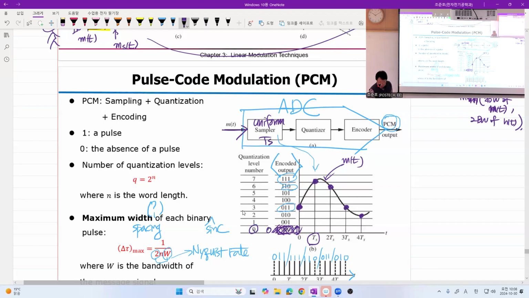We have levels 0 to 7. This one is in the 3rd level. This one in the 7th level. This one in the 6th level. So variation within this interval is ignored. So be careful, during quantization we lose some information.